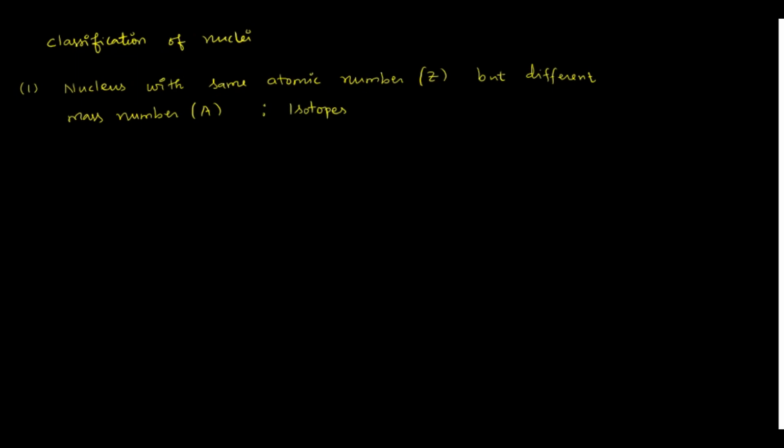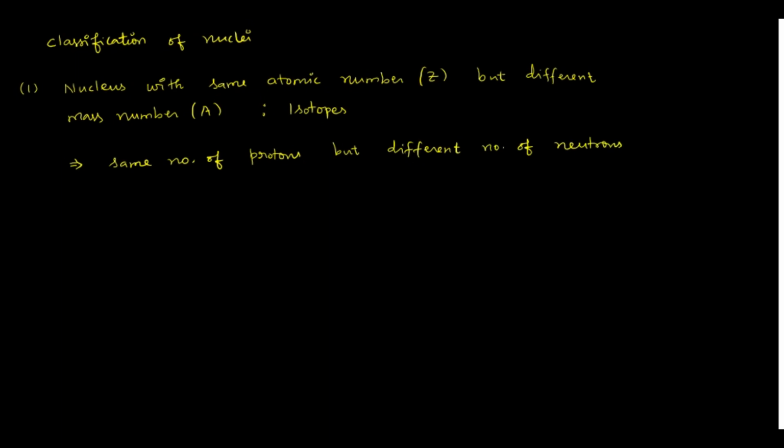So isotope means we have the same number of protons, because of the same atomic number, but a different number of neutrons. So this is the idea.